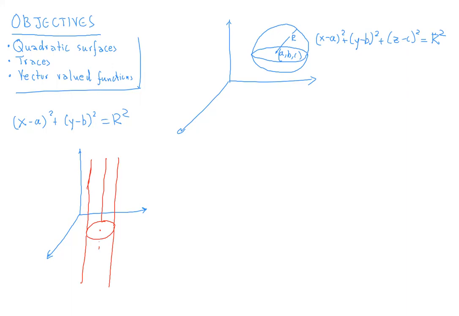A cylinder centered at (a, b, 0) with radius r. And if we remove not the (z minus c) squared term, but let's say the (x minus a) squared term, then we're going to get a cylinder that has an axis of symmetry which is parallel to the x-axis.